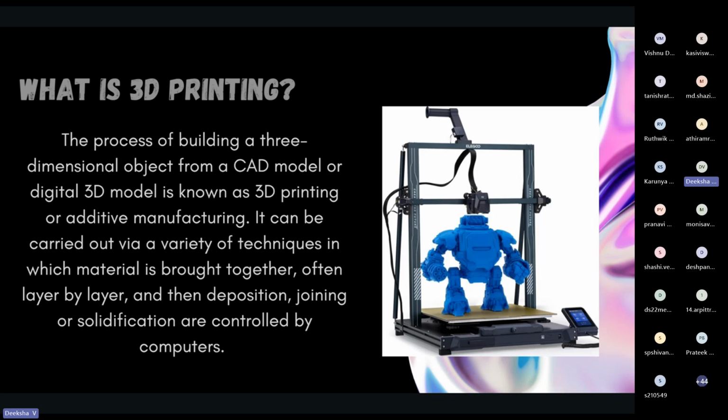So this is what 3D printing does. First we create a 3D model using software, and after all the processes involved, the model is broken down into 2D layers, and each layer is deposited on one another to finally fuse and form the actual 3D model which we are looking for.